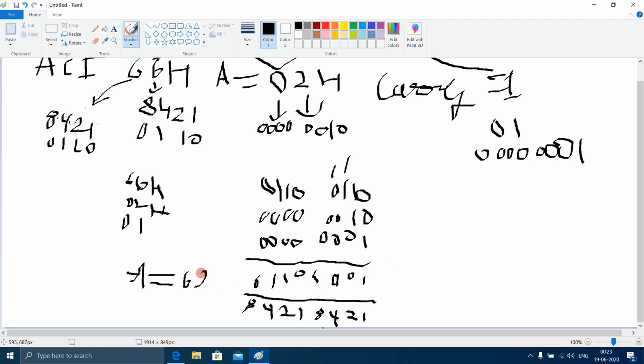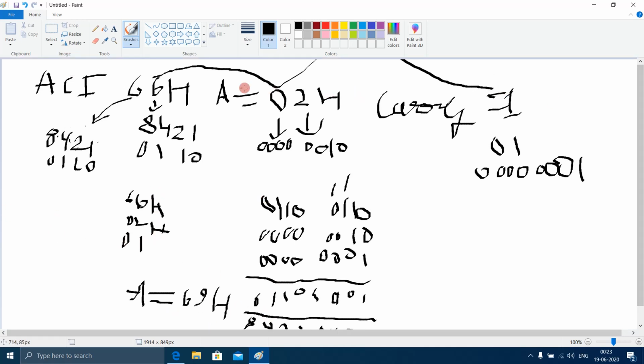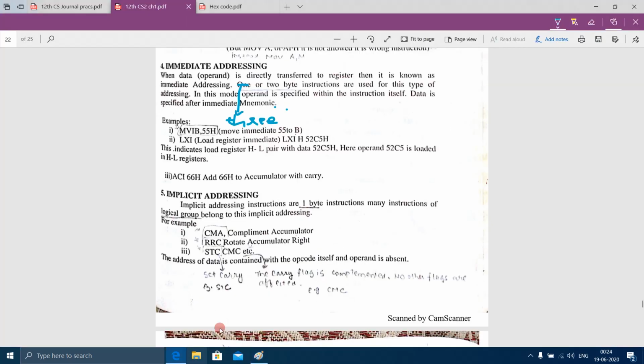So in accumulator what will be stored? 69H. So the meaning of ACI instruction is add the data specified in the instruction with the contents of accumulator with carry. So ACI falls under immediate addressing because the operand, the data, is specified in the instruction itself.